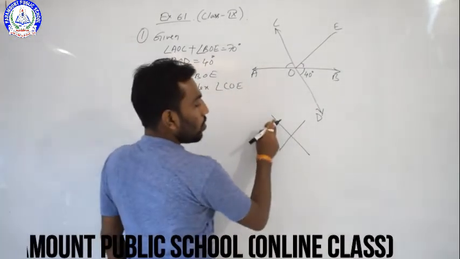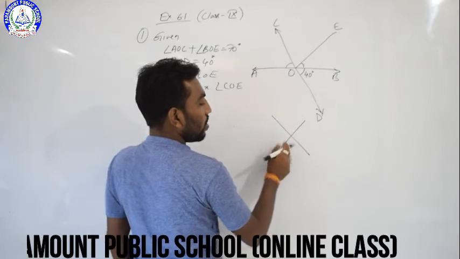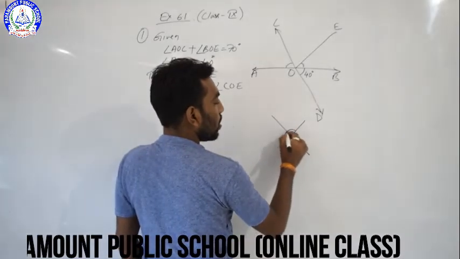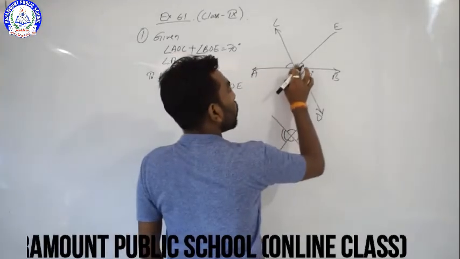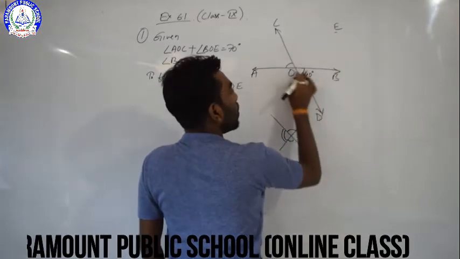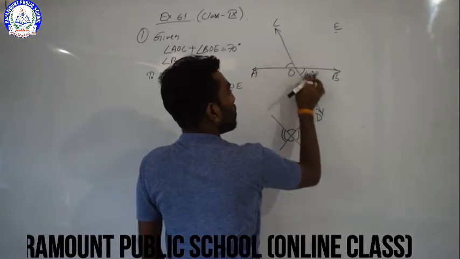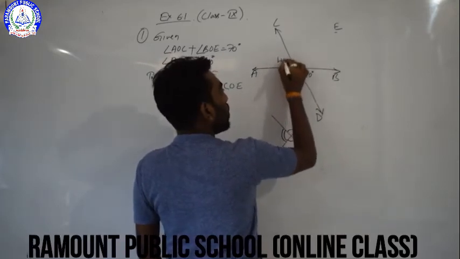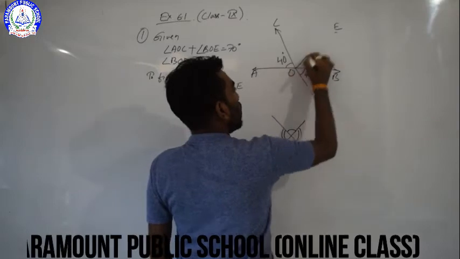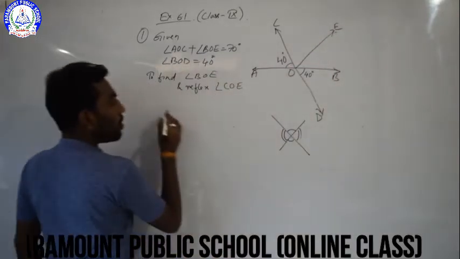So we know when two lines intersect each other, vertically opposite angles are equal. So here we can see that if I forget about this line, these two are vertically opposite angles and these are vertically opposite angles. So from here we can say this is 40 degree. Okay, student.